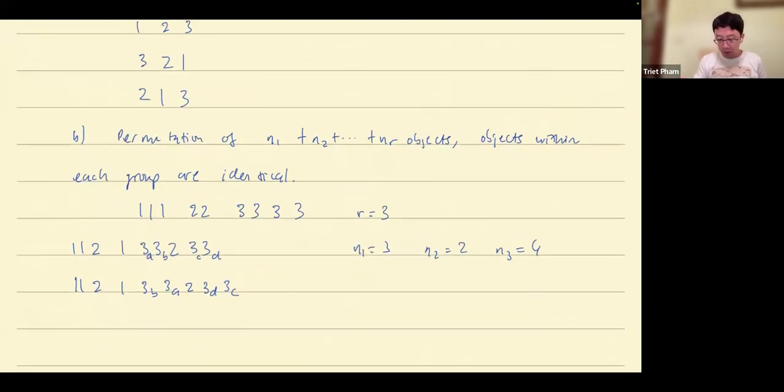We're doing this to demonstrate that there are 4 factorial ways to permute things within the group of number 3s that we don't care for.